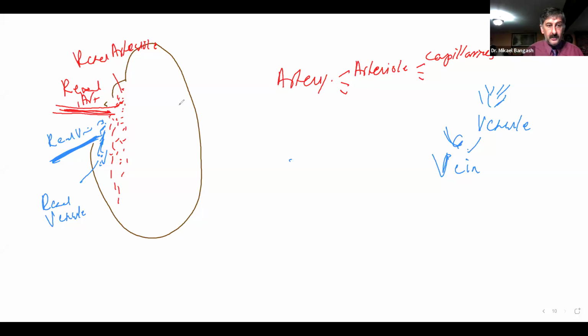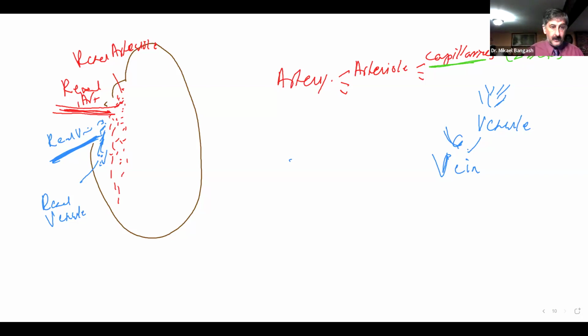Because your kidneys are going to have not just one, but two sets of capillaries. Or we can say your nephron is going to have not just one, but two sets of capillaries.